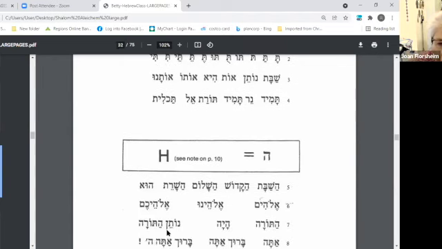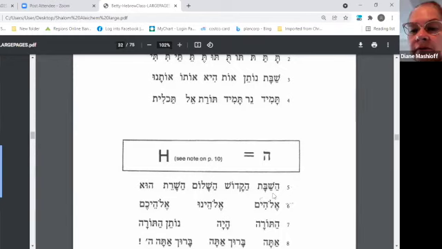Let's move on. Now, we've had the hey before, and we know it has an H sound, except at the end of a word. It means the. So what would this be? The Shabbat. HaShabbat.